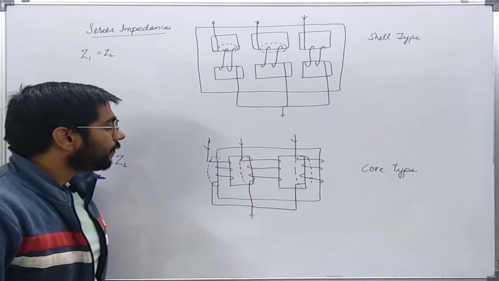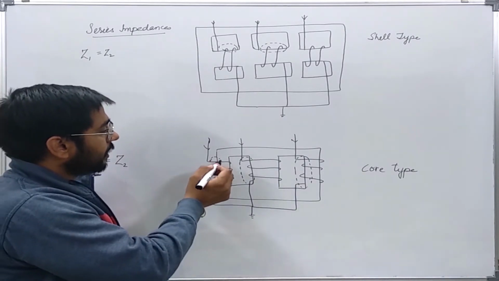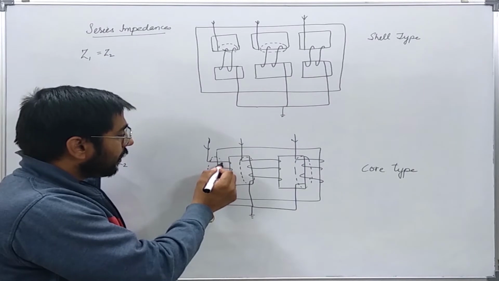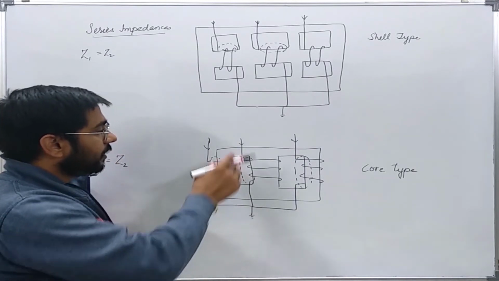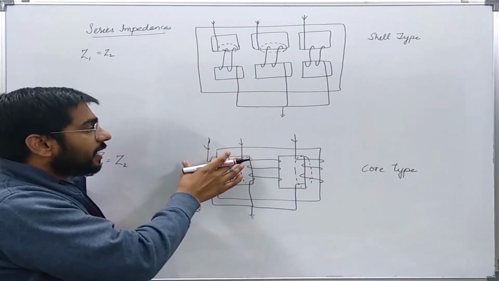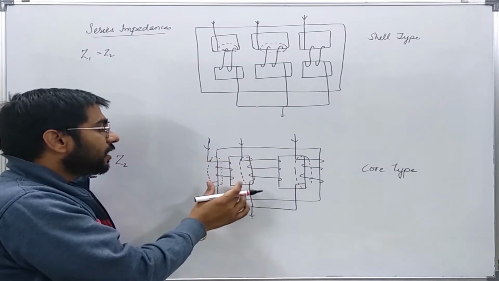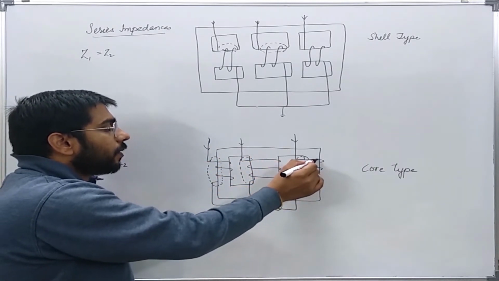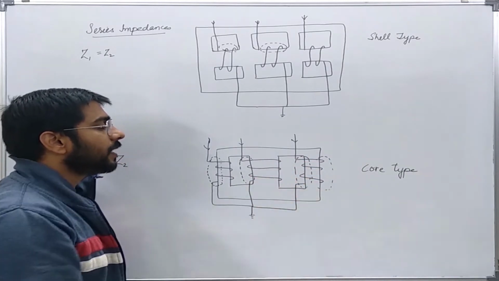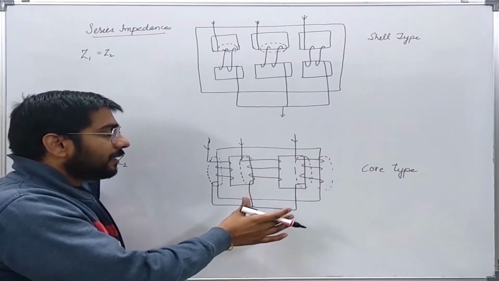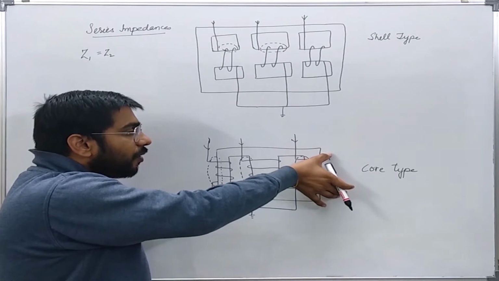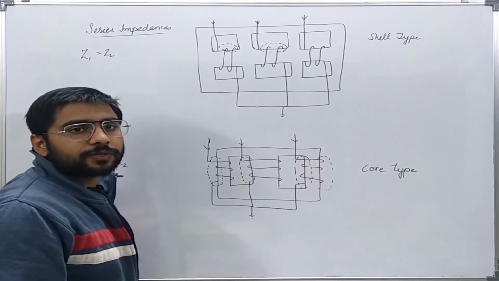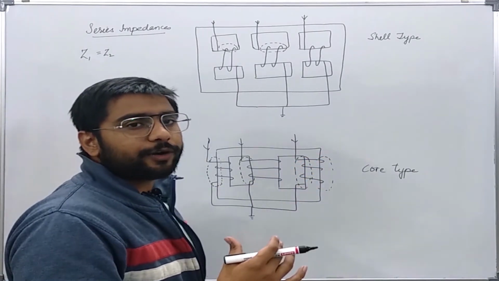Now you see that the leakage flux, since a zero sequence current is unidirectional in nature, will have to go through the air. Okay, this air path. Now this air path has more reluctance, so the leakage flux will try to reduce.